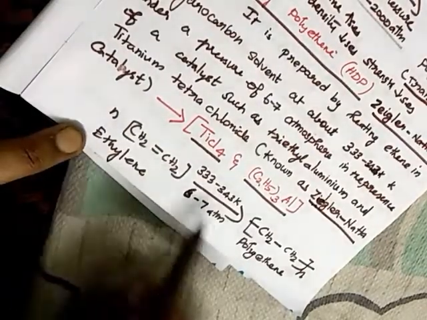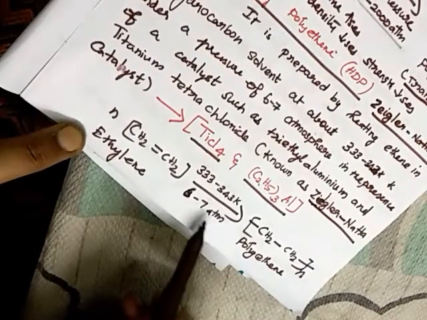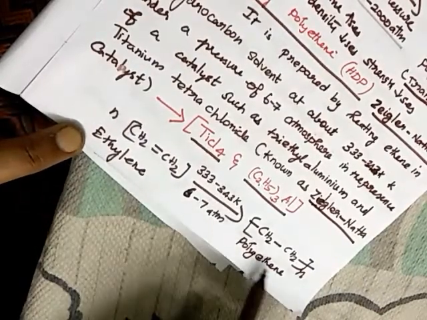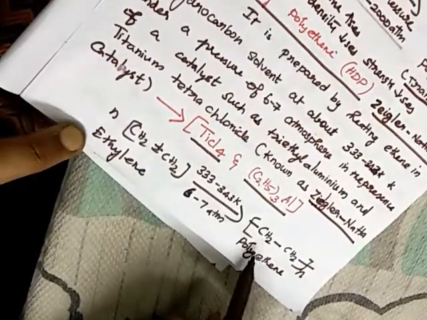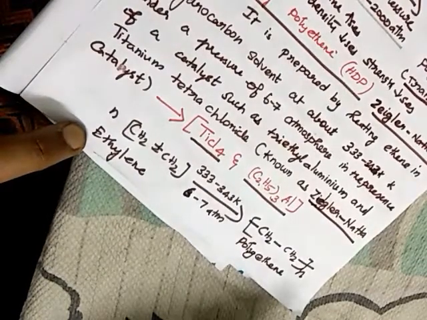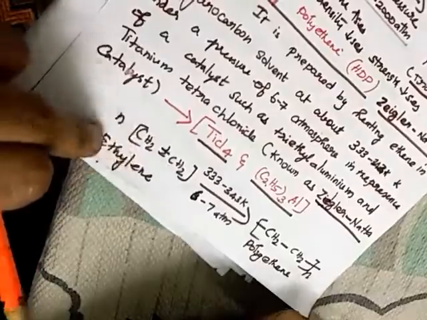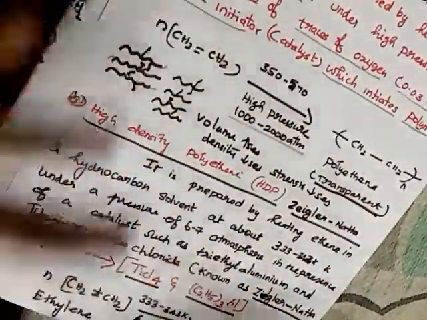CH2 double bond CH2, 333 to 343 Kelvin, 6 to 7 atmosphere. Using this, ethylene is getting converted into polythene. I told you already the double bond will be broken, and in this way we are going to prepare polyethylene, right? So it's a very short way I prepared.